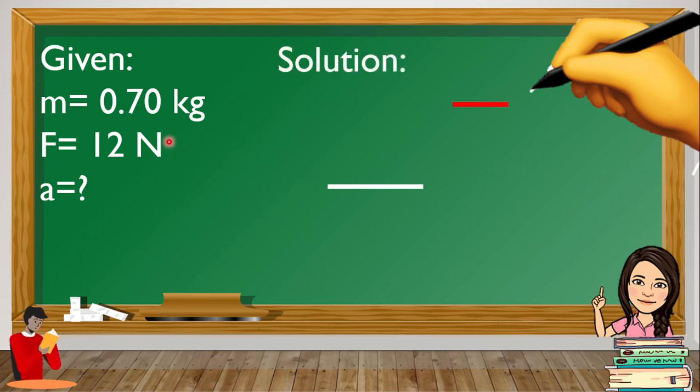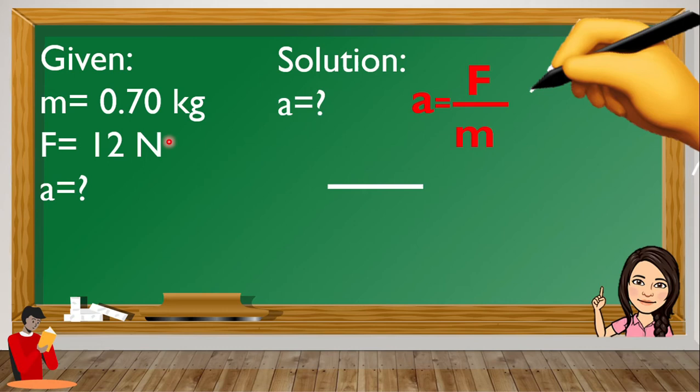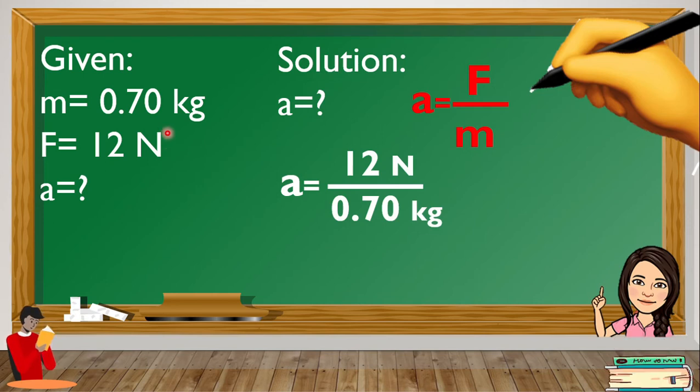Using the equation A is equal to force divided by mass, where F is equal to 12 Newton and mass is equal to 0.70 kilograms. 12 Newton divided by 0.70 kilogram is equal to 8.4 meter per second squared.